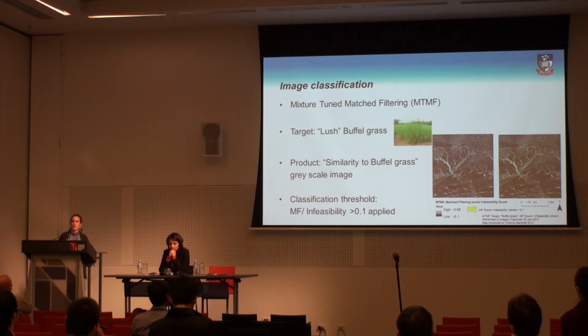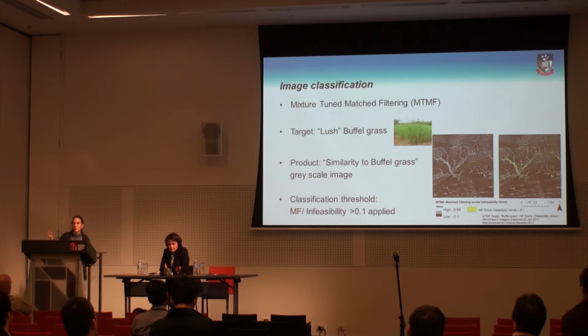This approach uses a target spectra, in our case lush buffel grass, to produce a grayscale image of matched filtering scores of similarity to that target spectra. And background spectra, in this case being the acacia and the eucalypt native grasses, to produce another grayscale image of infeasibility.